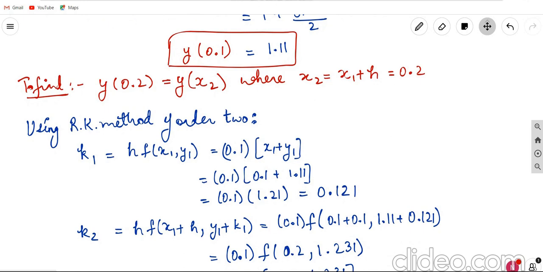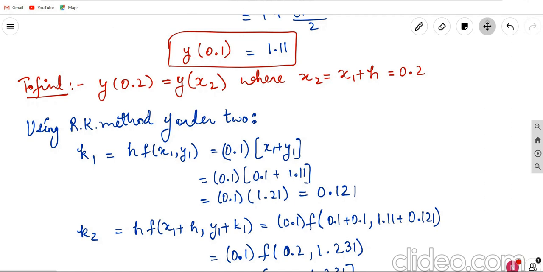Please note, when you are doing it for different approximations, your k1 would be different every time. First it was f of x naught comma y naught, but when we are finding the second approximation, we'll be using the previous data points, that is x1, y1, to find the second approximation.